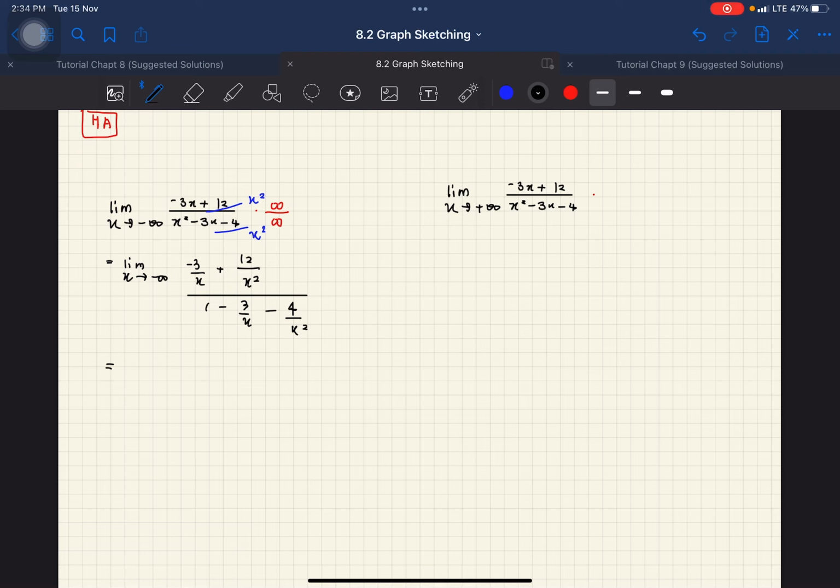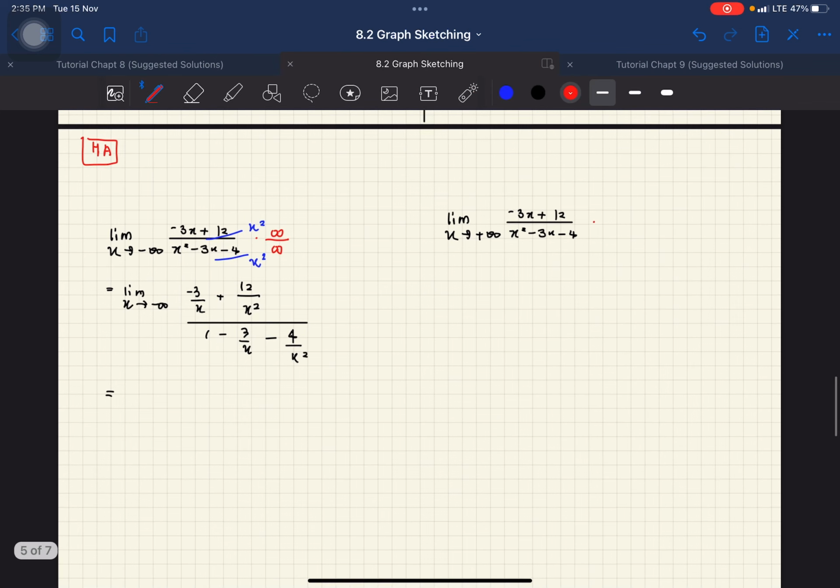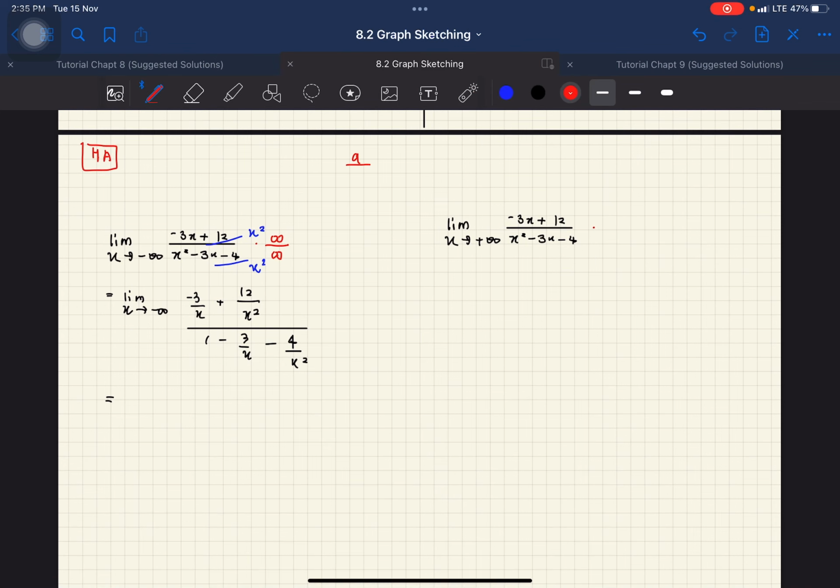Okay, so jom kita substitute the value of negative infinity into our function, into our fraction lah. Okay, so this one awak nampak je a constant divide by infinity. So we have a constant divide by infinity, okay, ataupun a constant divide by negative infinity.